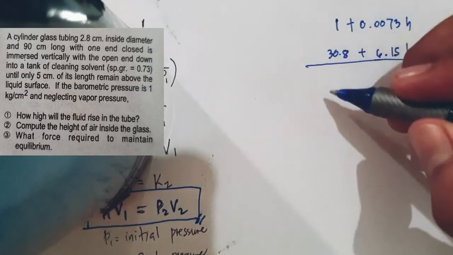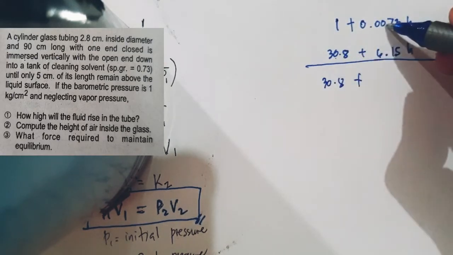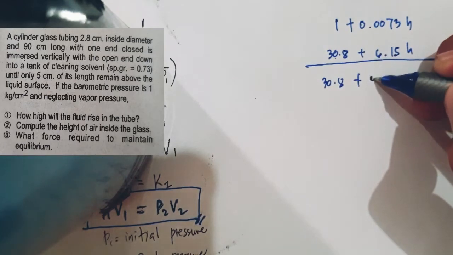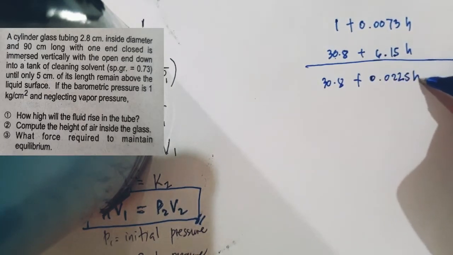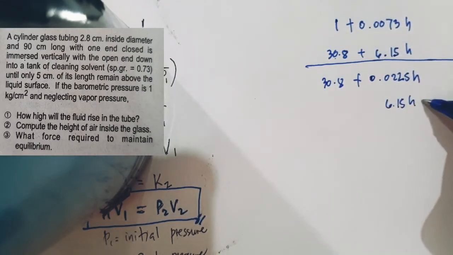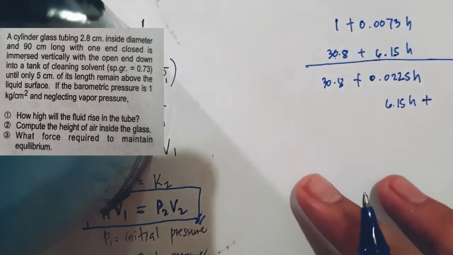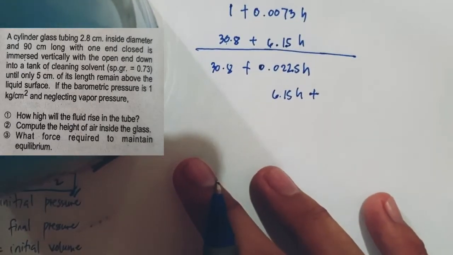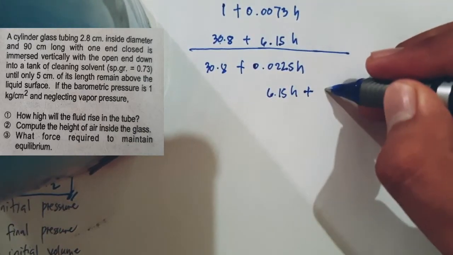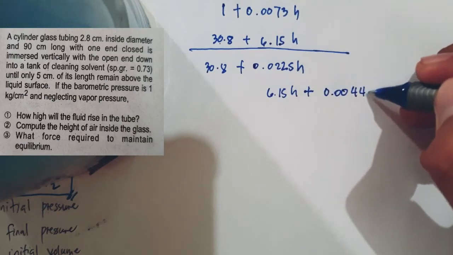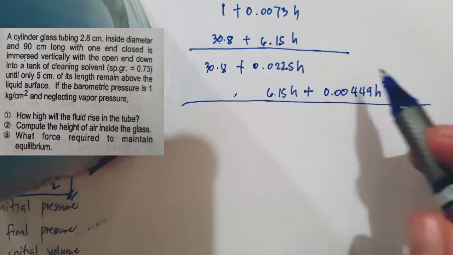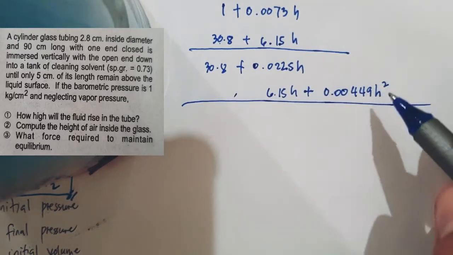So times nimo, that is 30.8 multiply, that is, so using your calculators, is 0.0225 h. Dili na pug ka 6.15 times 1, that is 6.15 h, plus kani times nimo, that is 0.00449 h squared. So kung imo siyang kuan kay ipauna man ginato ning na ay higher nga power, no.